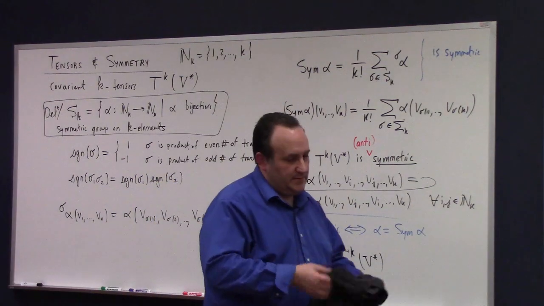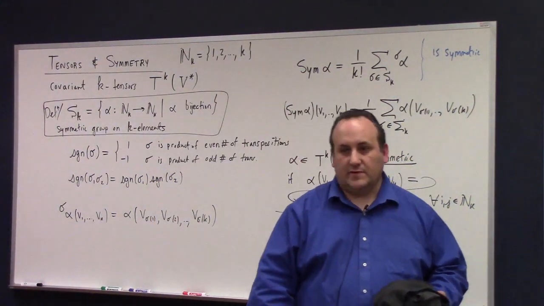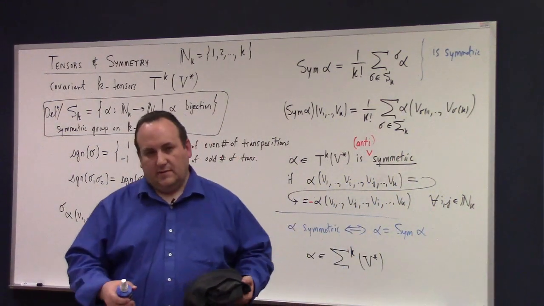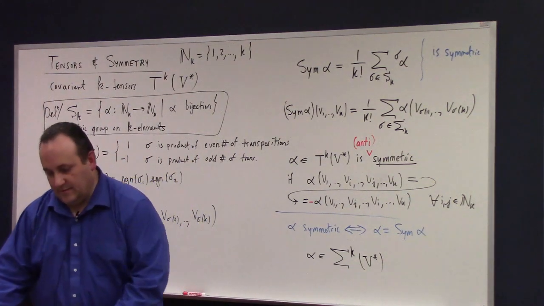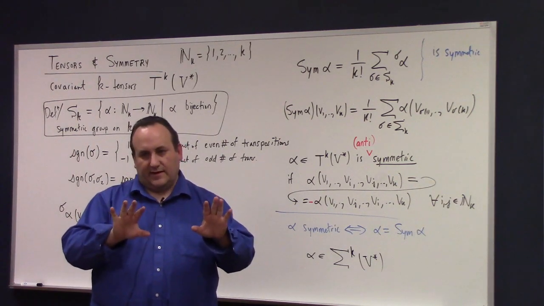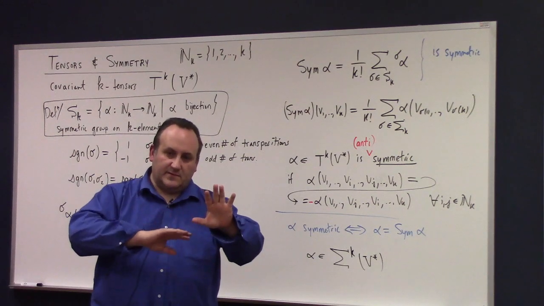The Lie derivative of a K-covariant tensor field, which is smooth, is again a K-covariant tensor field. You take the Lie derivative of a tensor with respect to a vector field, and what that does is it describes the change of the tensor in the direction of the vector field.